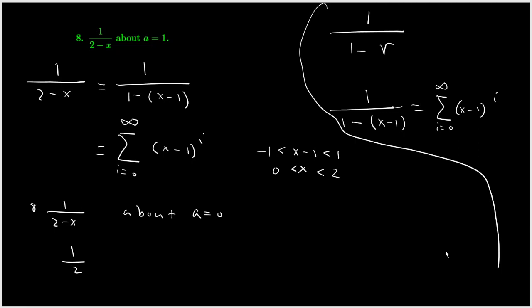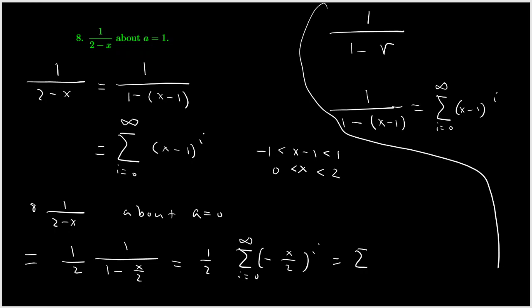You leave out a factor of 1/2, and then the function becomes 1 on the numerator and 1 minus half of x in the denominator. In this case, your r value is half of x. So you have half of the sum from i equals 0 to infinity of negative x over 2, the whole thing to the power of i. And then I will get you the final answer.